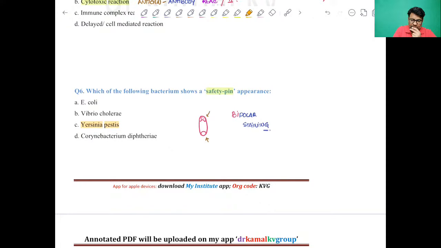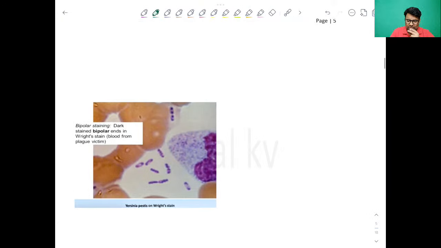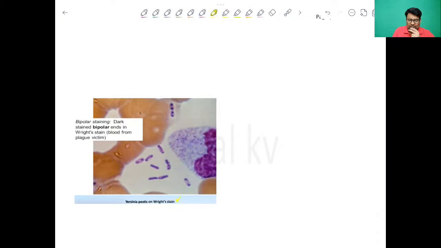Yersinia pestis, which is the causative agent for plague. Right? So bipolar staining, safety pin appearance, and this is especially, yes, Dr. Kanaya, Yersinia pestis. Right? So this is classically in the right stain, and here we can see the bipolar staining.